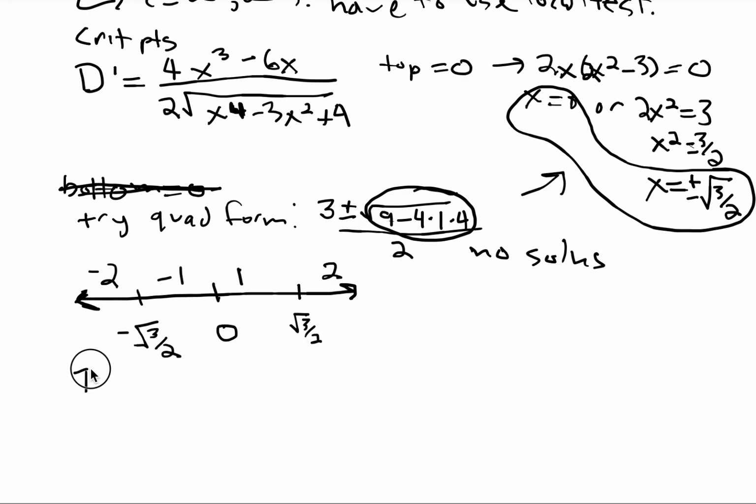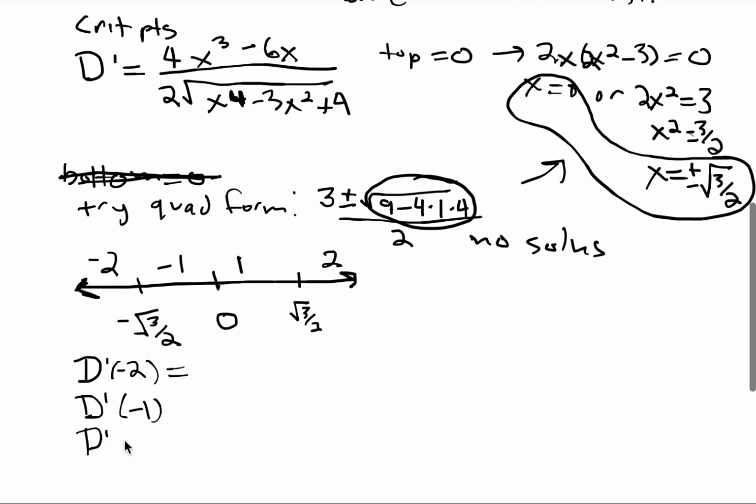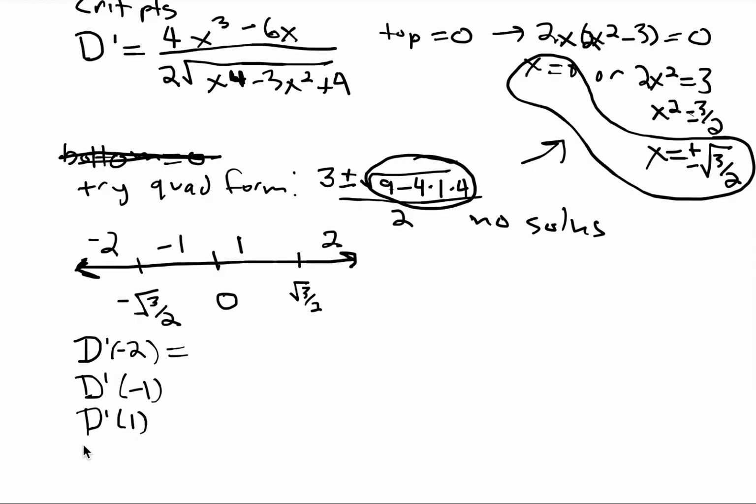What happens when I plug in to my derivative? What happens when I plug in -2? What happens when I plug in -1? What happens when I plug in 1? And what happens when I plug in 2. Okay, each of these test points.